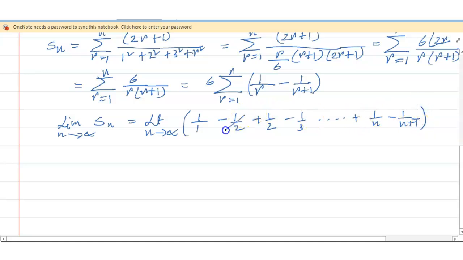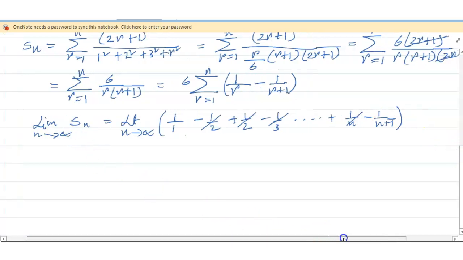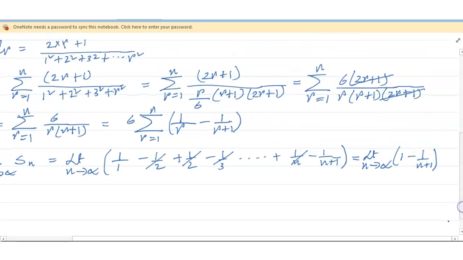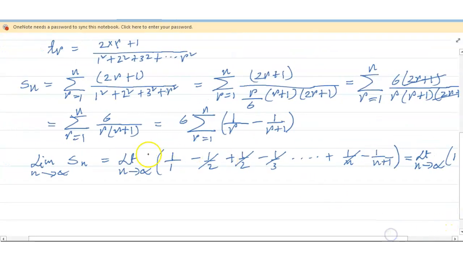And these terms cut each other. So friends, whatever I get is limit n tends to infinity 1 minus 1 by n plus 1.